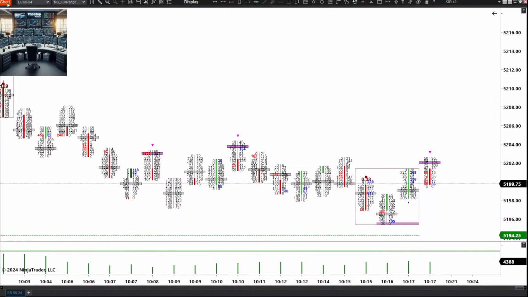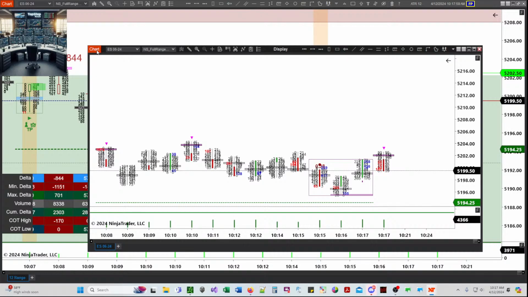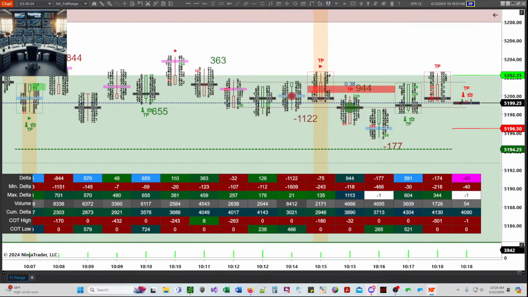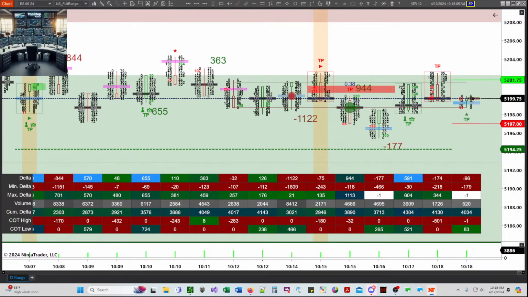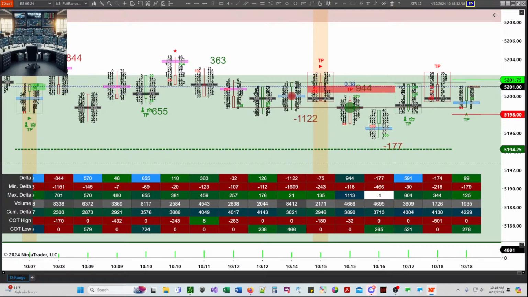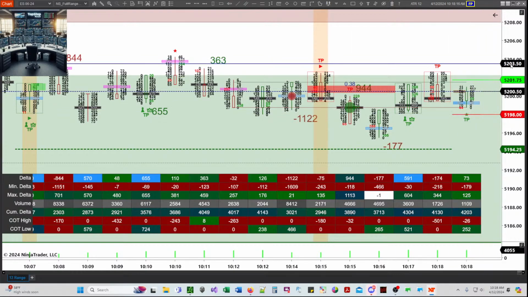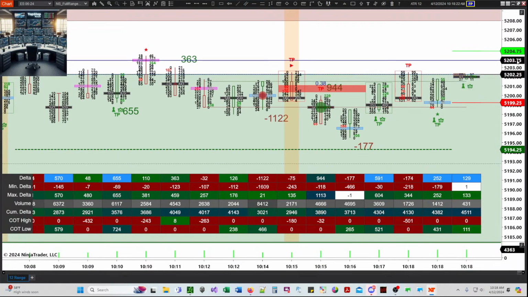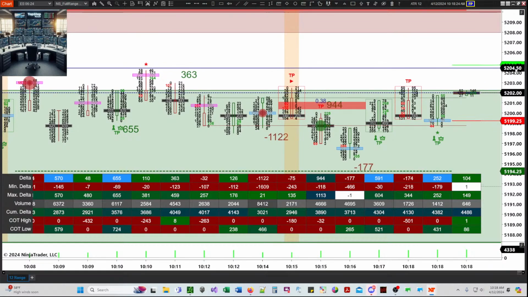I'm not feeling that upside trade right now, though. Buyers are trying to push back up to the upside here.